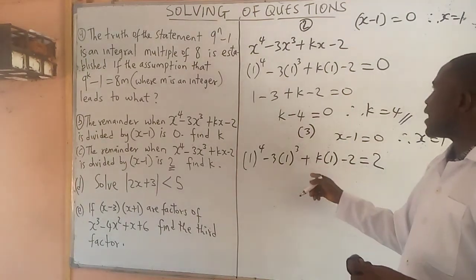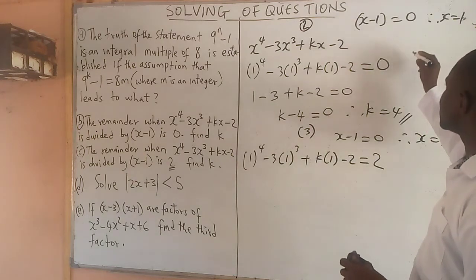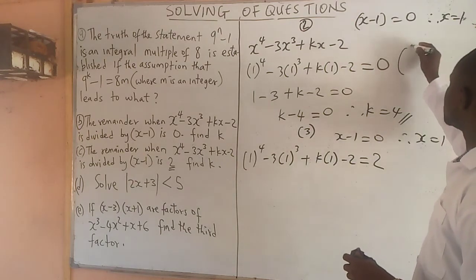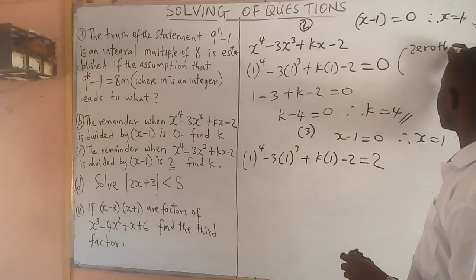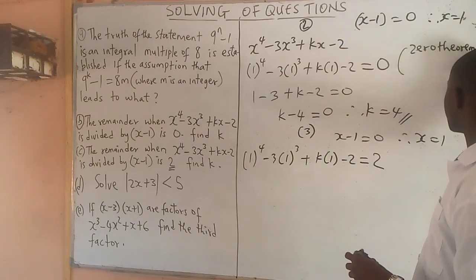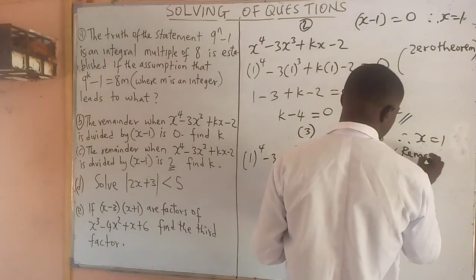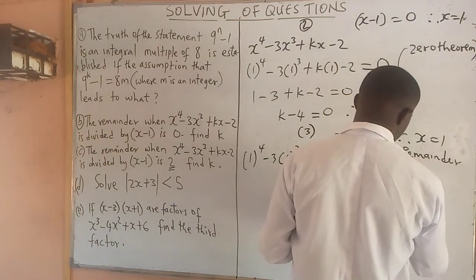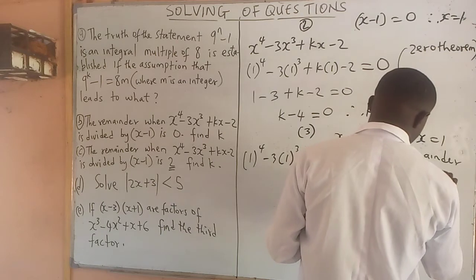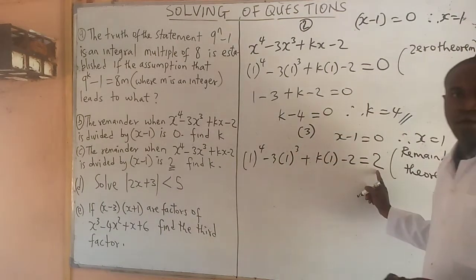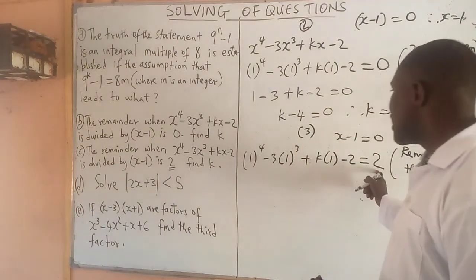This is under the remainder theorem. Remember I said the first was under the zero theorem. Why? This is under the remainder theorem because it has a remainder.